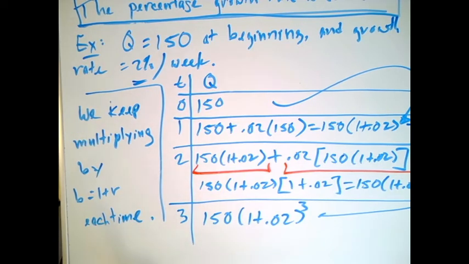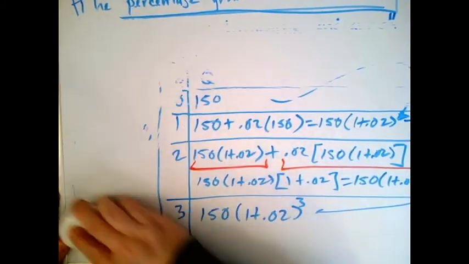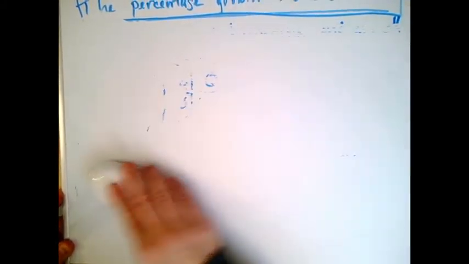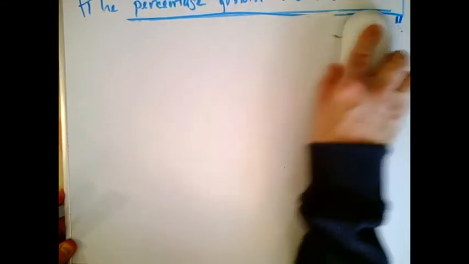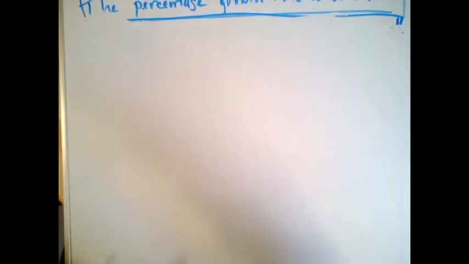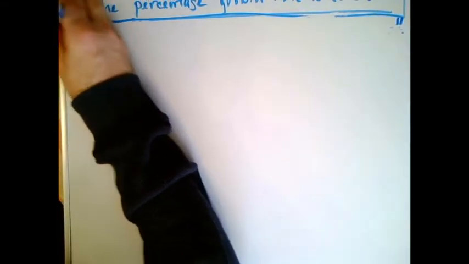So if we wanted to create exponential data in the same way we created linear data in the first recap, here we go. I want to do something very similar. Let's create exponential data.